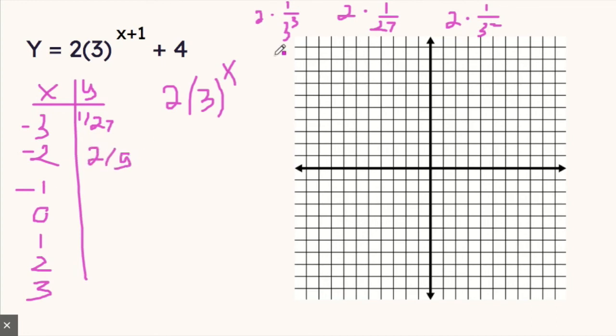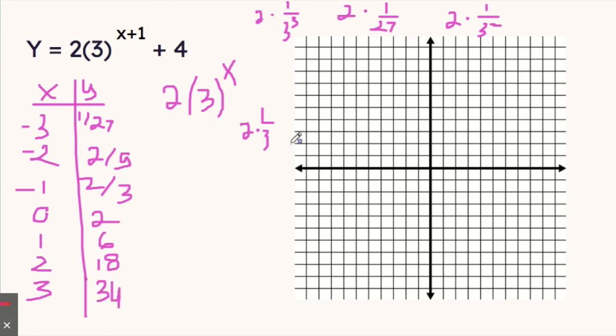With -1, it's going to be 2 times 1 over 3. It's going to be 2 over 3. At 0, it's going to be 1 times 2, which is going to be 2. At 1, it's going to be 6. At 2, it's going to be 18. And at 3, it's going to be 54.